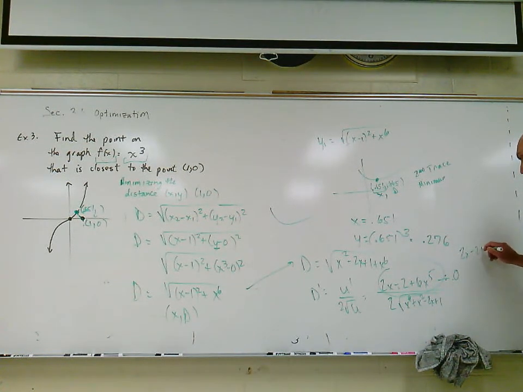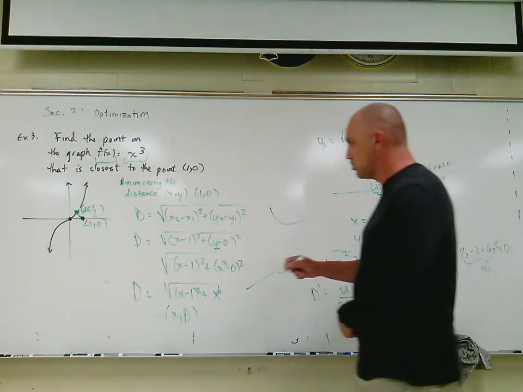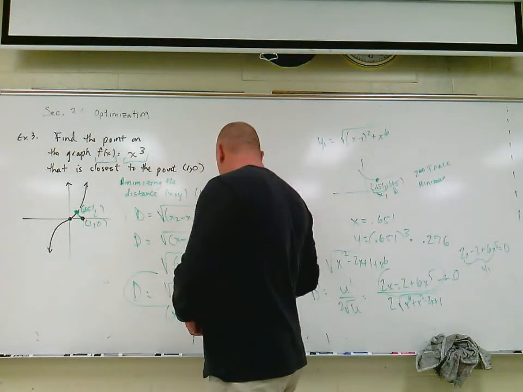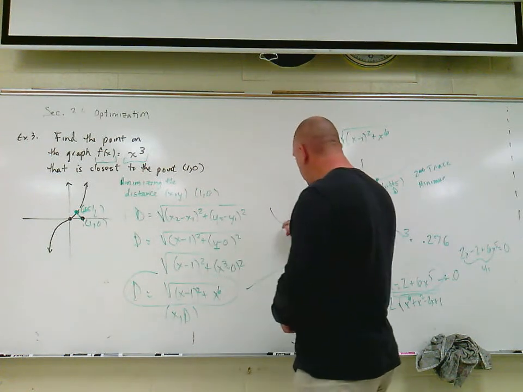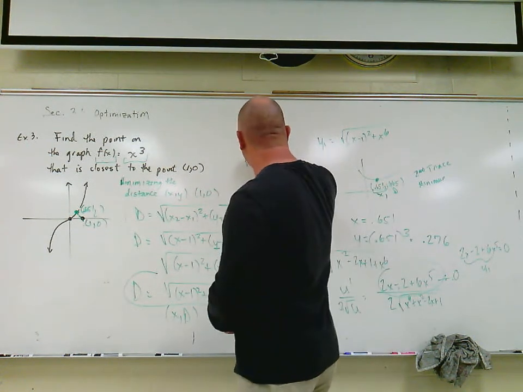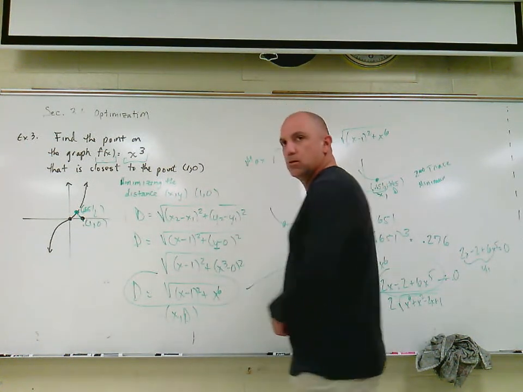Well, the problem is now, I can't really do this by myself. So I'll plug this into y1 and see where it's 0, see where it crosses the x-axis. So you may need some technology. If you need technology, when you get to your optimizing equation, for a minimum, you're looking for a dip. For a max, you're looking for a hill.